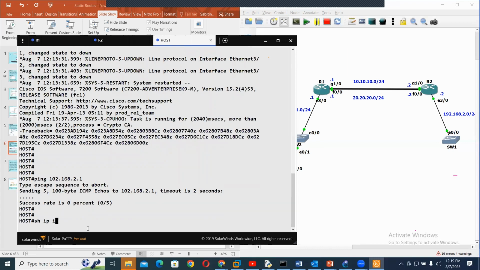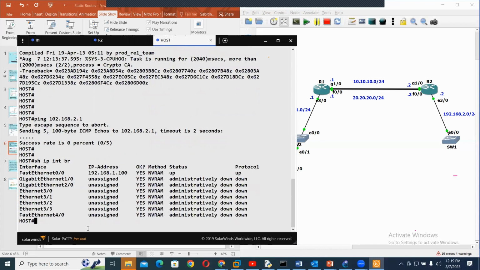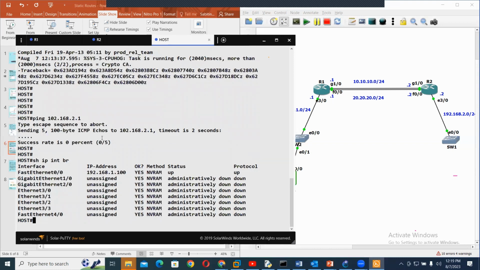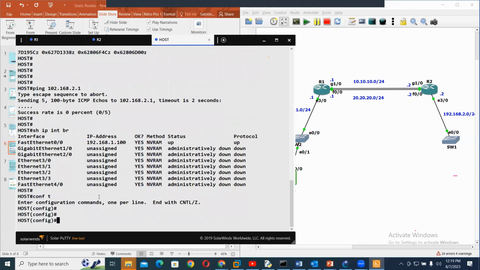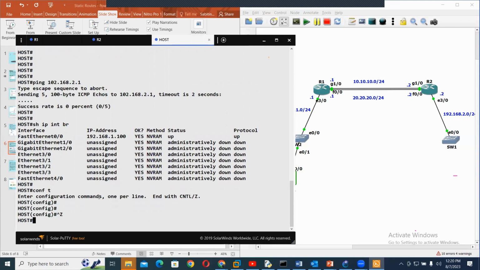Show IP int brief. This is a router, but I've configured it to be my PC because I want to trace route. For the virtual PC, I cannot trace route, so I have to configure this router as a PC and configure the route to access the network 192.168.2.0.